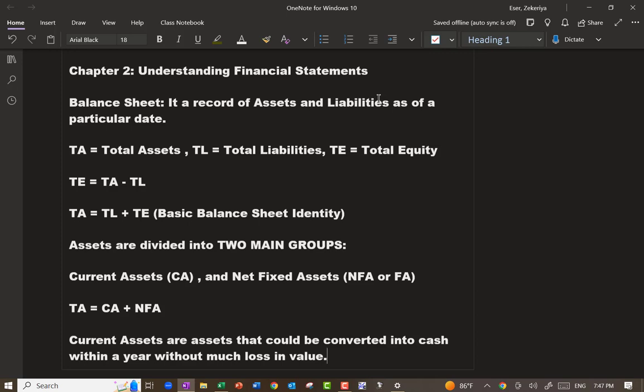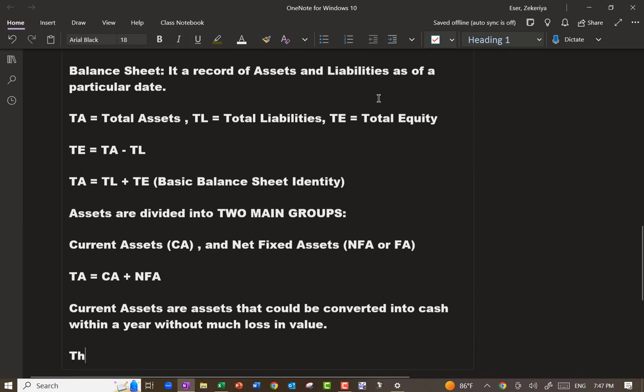Okay? And these are sometimes also called liquid assets, even though liquidity is a matter of degree. We're going to actually have a definition of liquidity.